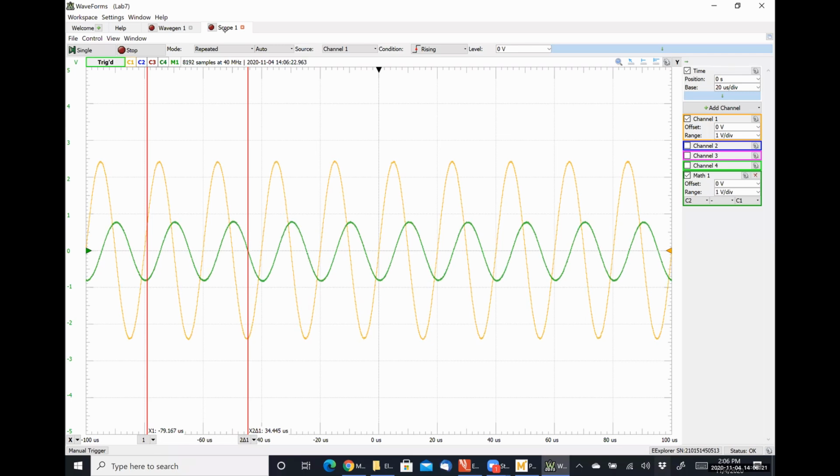What does changing the frequency or increasing the frequency specifically do to the impedance? What's the equation for the impedance of an inductor? Okay, jωL.